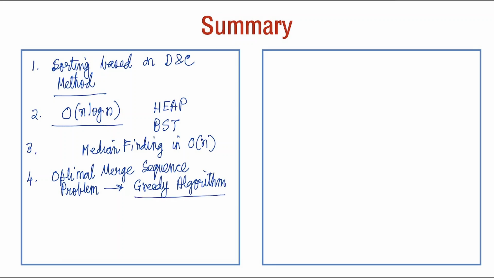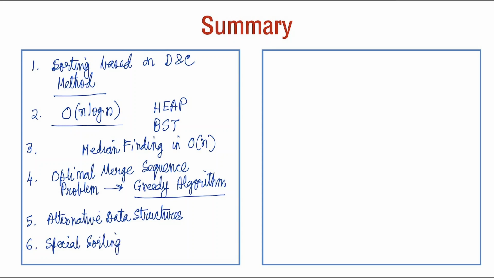And we saw that there are several open-ended issues like alternative data structures, and sixth is various special sorting algorithms. So we have done some of them, but this is a very, very interesting problem.